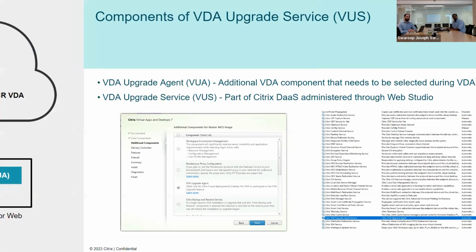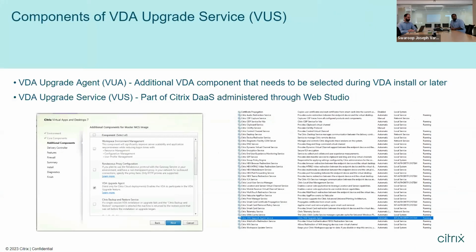So moving forward, just to go back to the component that makes this feature work, it is part of the VDA install. When you get to the additional components, the VDA upgrade agent is the service that needs to be installed on the VDA. This can be installed during the install of the VDA or post install as well.